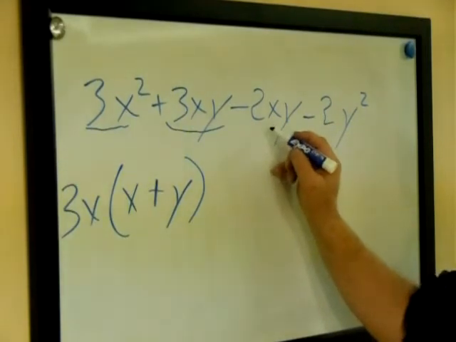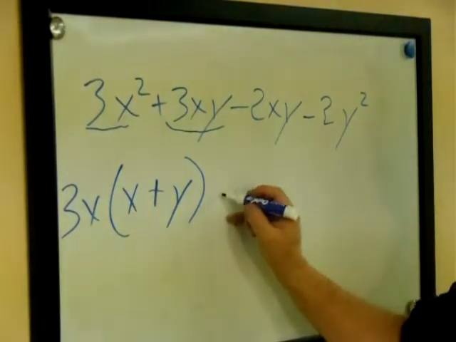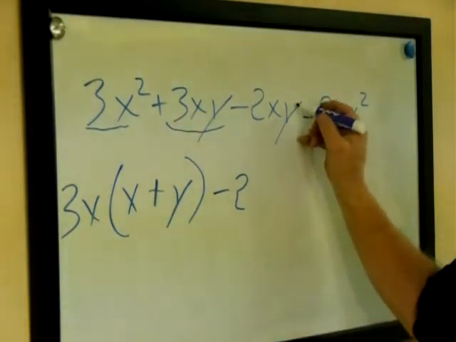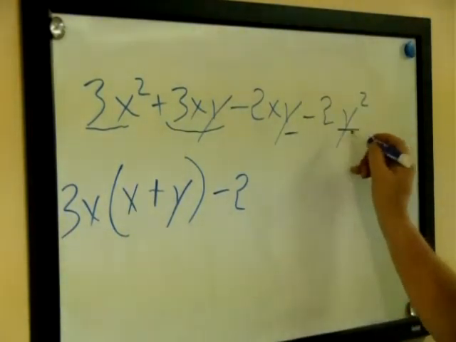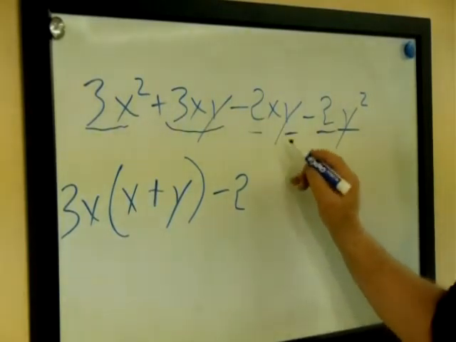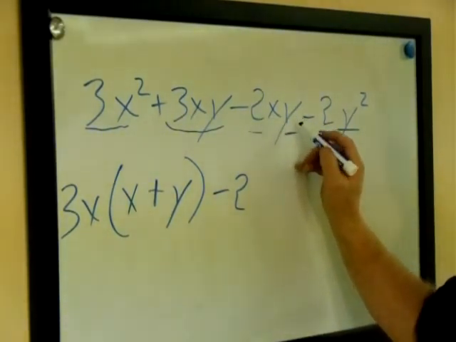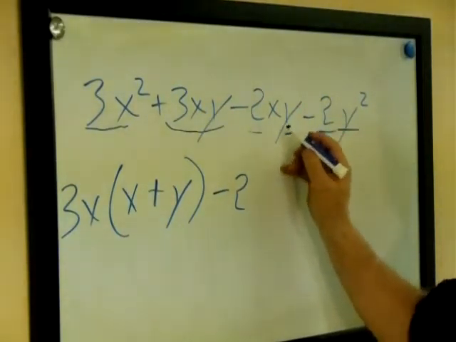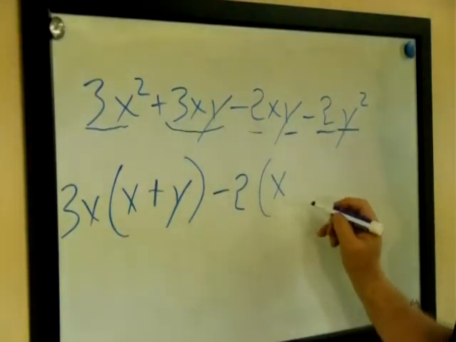Well, I see a minus 2 in both cases, so I'll pull the minus 2 out. And a y. I have a y common to both. So minus 2y divided by minus 2y leaves me with just an x.